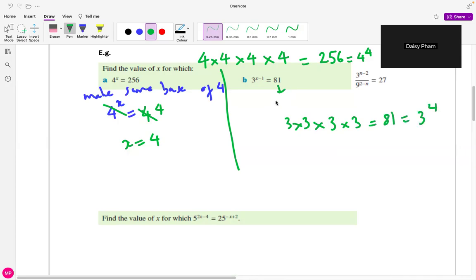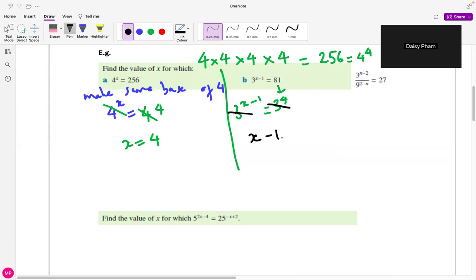So you're going to rewrite 81 as 3 to the power of 4, and you're going to keep 3 to the power of x minus 1 equal. Once you've done that, 3 and 3 cancel out themselves. x minus 1 equals 4. x will be 5.